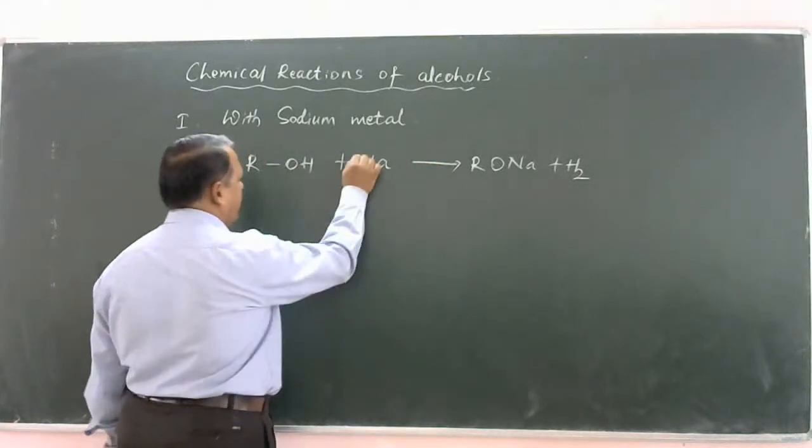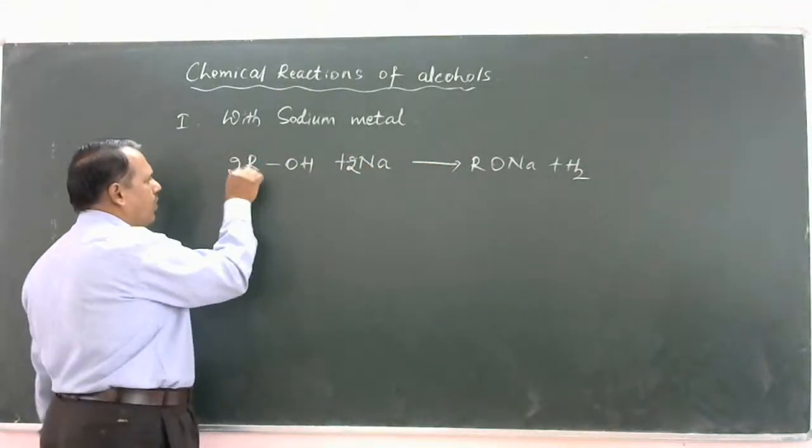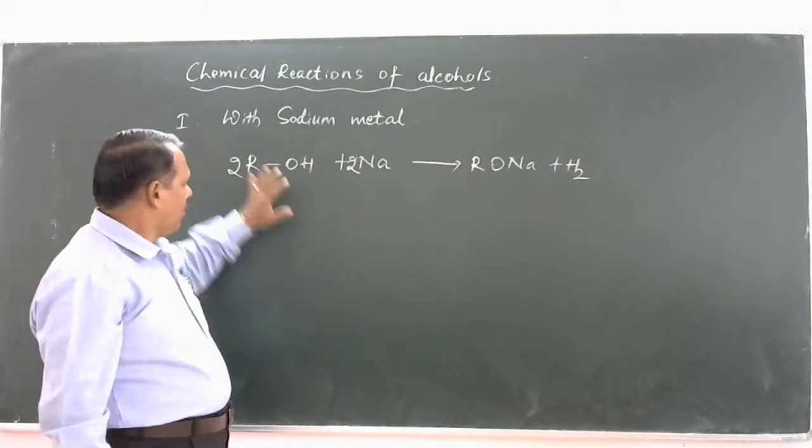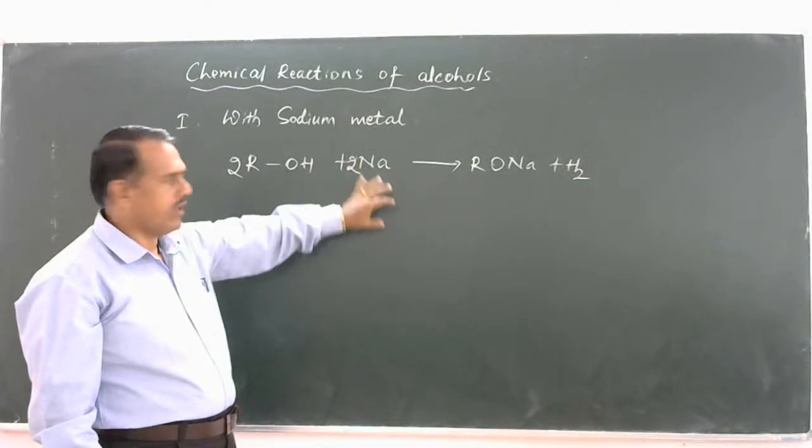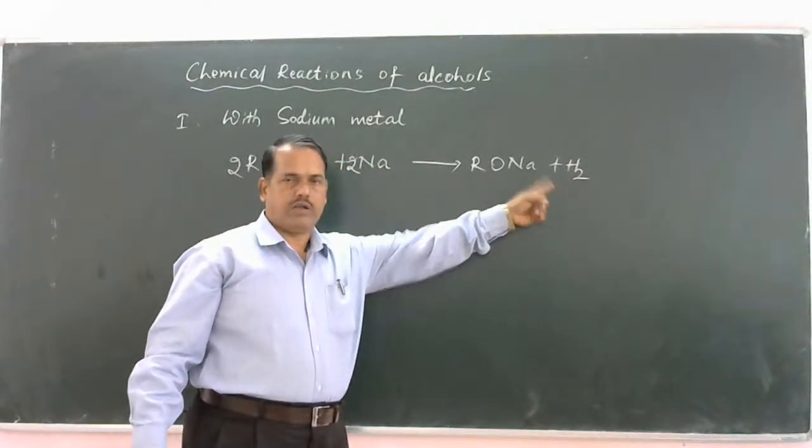Just balance this equation: 2Na, 2ROH. Alcohols react with active metals like sodium, and hydrogen gas is liberated.